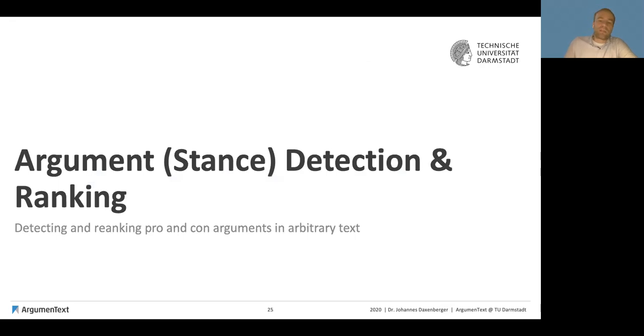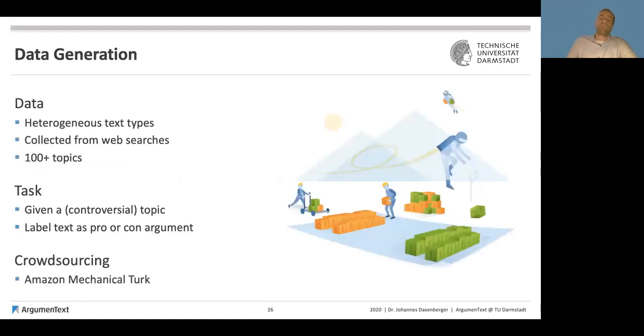Okay, let's start with argument stance detection and ranking. The data generation process for this was as follows. We extracted document collections from a web search, so to say from a large web crawl. And the topics that we have been looking for documents in the first place span by now more than 100 topics.